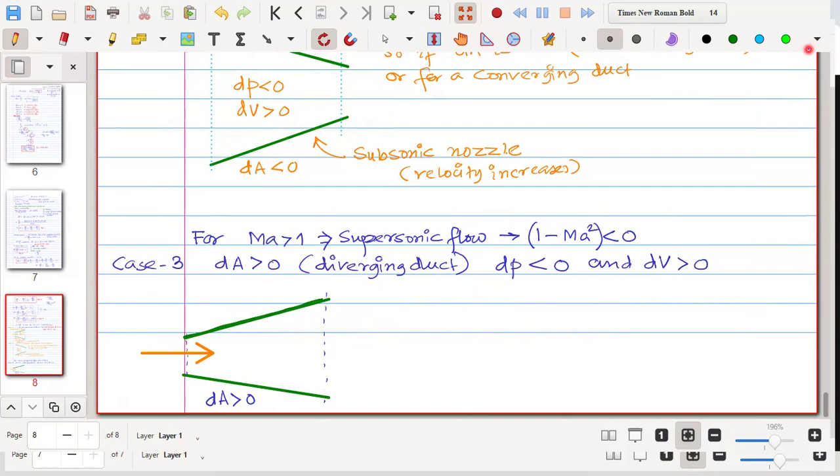So dP will be what? Negative. dP will be negative and dV will be positive. So this is a diverging duct. So what will we call it? Nozzle or diffuser?